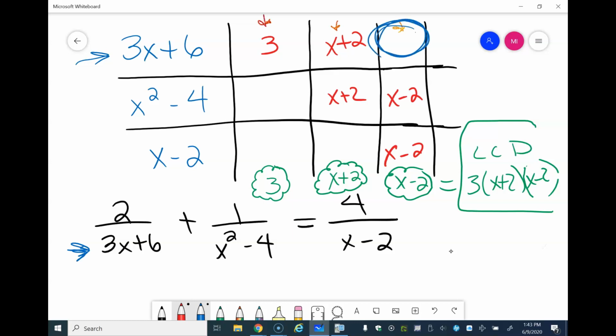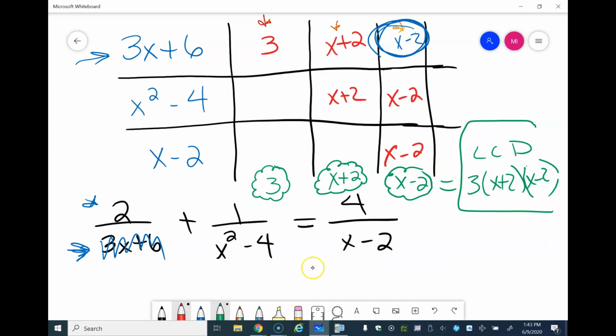Looking down, it's missing an x minus 2. Because it's missing an x minus 2, this is the only thing that gets multiplied just to the numerator, and we can get rid of the denominator. That's the cool thing about this. Figure out what's missing in the row, multiply it just to the numerator, and then you don't have to worry about the denominator anymore.